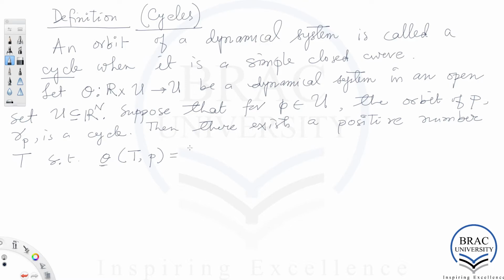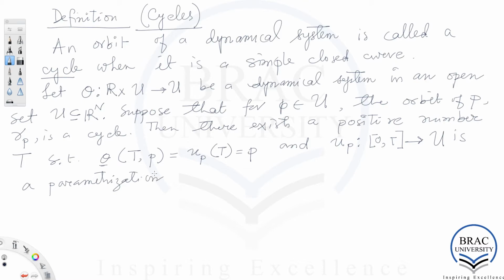By the definition of theta, it is of course the solution, u sub P at big T is equal to P, and where u sub P from 0 to T to big U is a parametrization of the orbit gamma P.